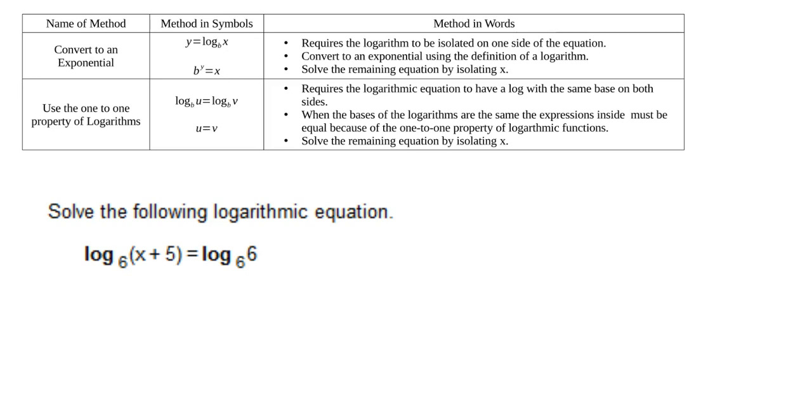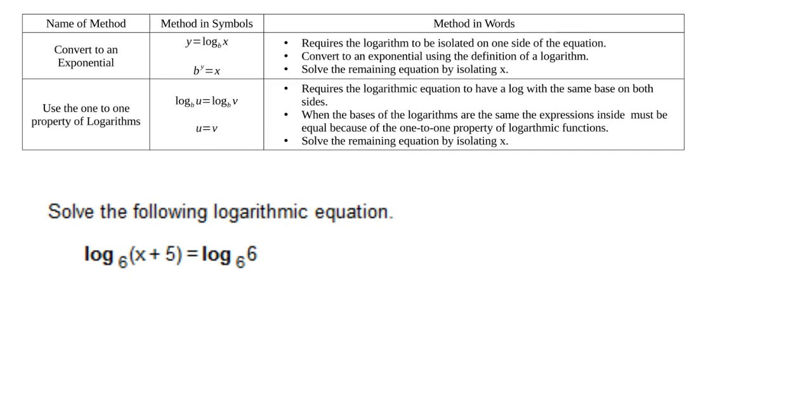So in this example, we look at our equation and it has log base 6 of x plus 5 equals log base 6 of 6. So we do have the same base on both sides of the equation. So it looks like the one-to-one property, or sometimes this is called the property of equality, is the way to go.